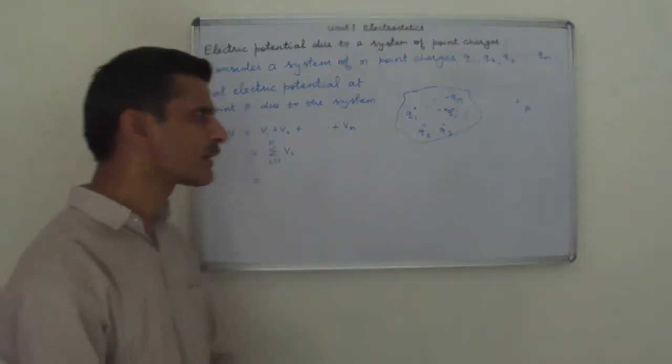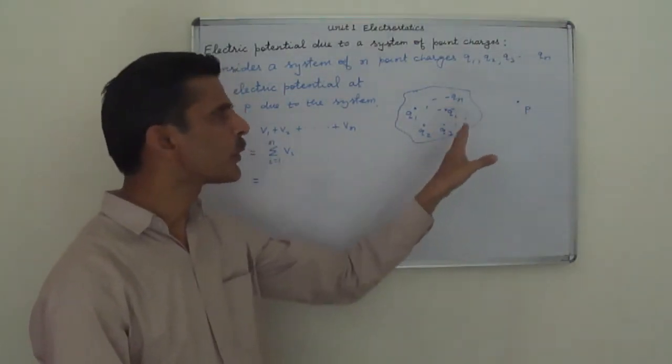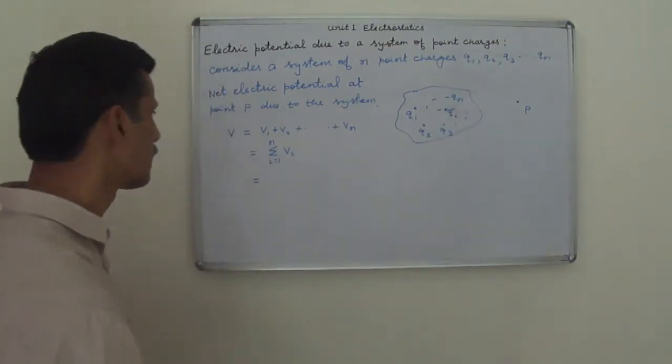Here Vi represents potential at point P due to the ith charge.